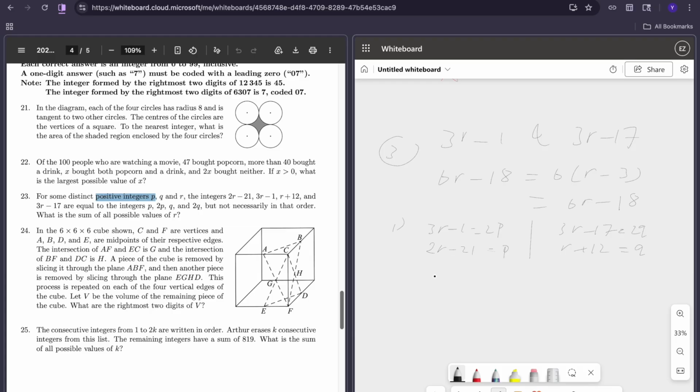So we solve it. We can see this side is equal to r minus 1 minus 21. So we get r plus 20 equals p. Wait, 3r minus 1. Oh, wait.